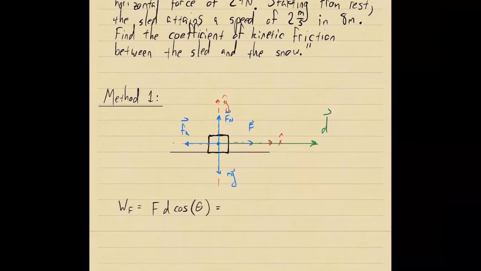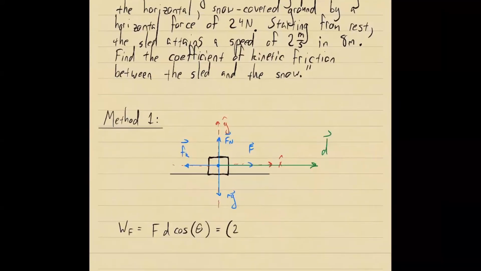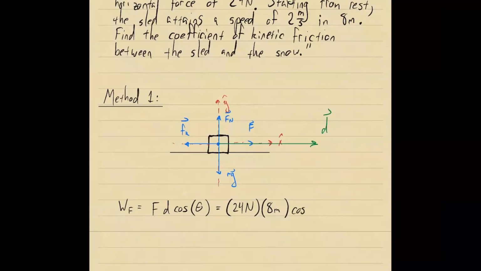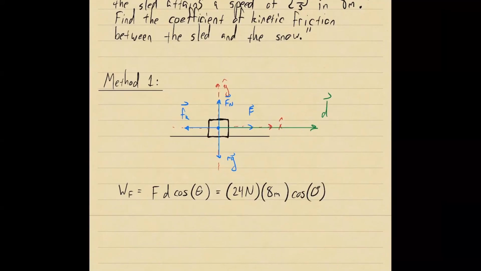So this is going to be the magnitude of the pulling force, which is 24 newtons, times the displacement, which the problem tells us is 8 meters, times cosine of 0 degrees. The work done by the pulling force is 192 joules.